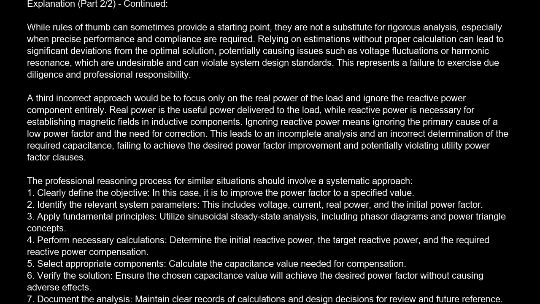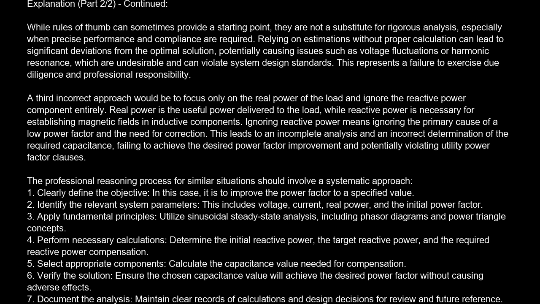The professional reasoning process for similar situations should involve a systematic approach. 1. Clearly define the objective. In this case, it is to improve the power factor to a specified value. 2. Identify the relevant system parameters. This includes voltage, current, real power, and the initial power factor. 3. Apply fundamental principles. Utilize sinusoidal steady-state analysis, including phasor diagrams and power triangle concepts. 4. Perform necessary calculations.